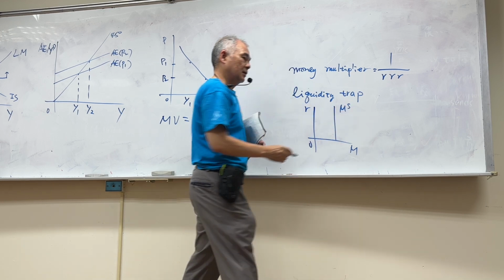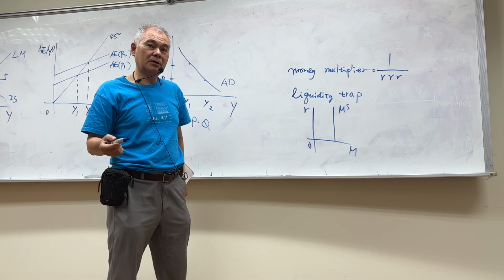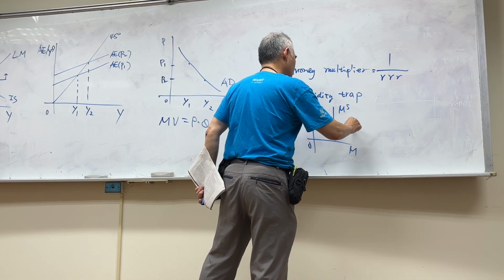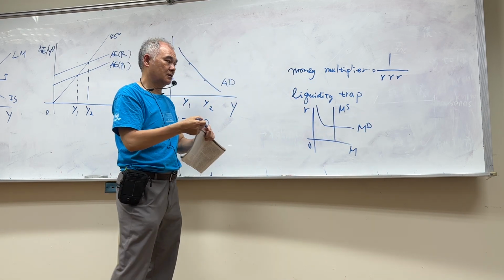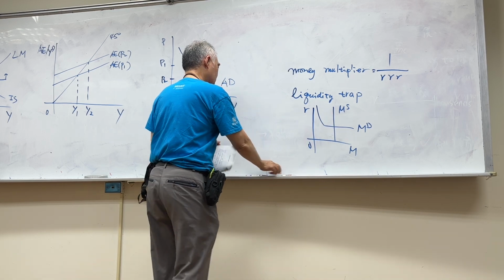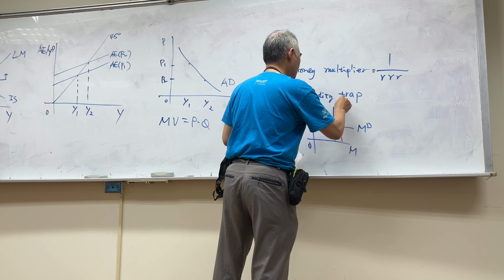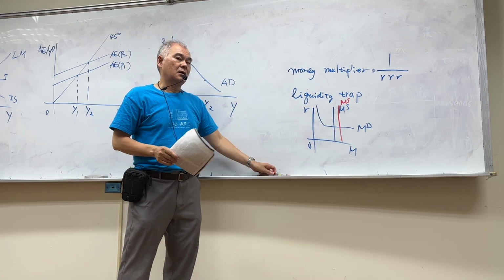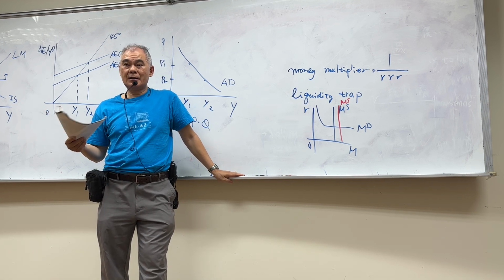So in that case, the axes are money and interest rate, and you have money supply. How does the money demand look when you have a liquidity trap? You have something like this, so here it is flat. If money supply increases, what happens? The interest rate will not change, because everyone expects the interest rate to be higher.